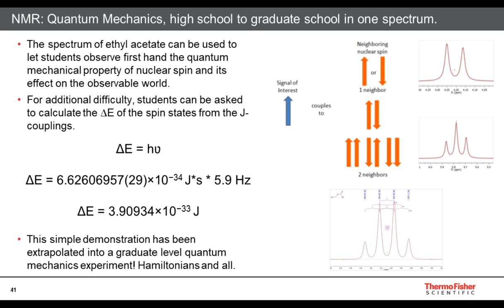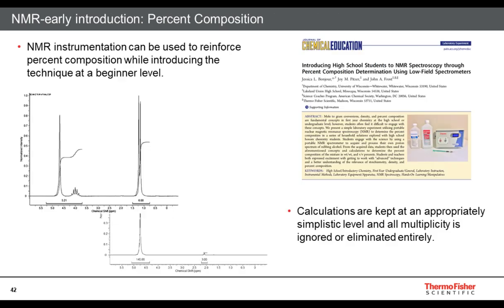We've had professors extrapolate this simple demo all the way into a graduate level quantum mechanics experiment for physics graduate students using Hamiltonians and calculating all sorts of things. So it's a really versatile little tool to introduce and show students that one of these basic concepts is more than just academic hyperbole.